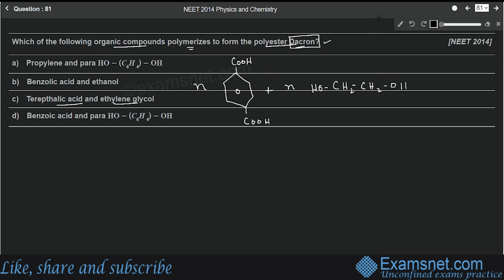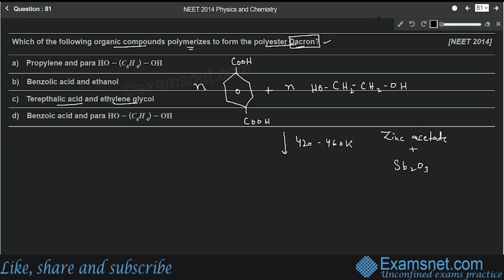So this reaction will take place at a temperature of about 420 to 460 Kelvin, and with the help of zinc acetate plus antimony oxide, Sb2O3.